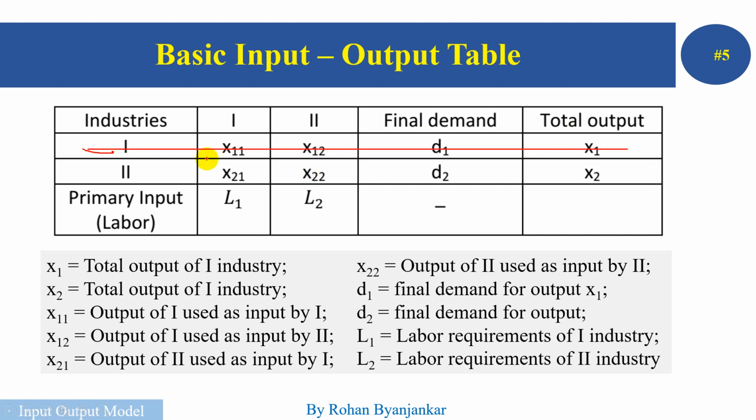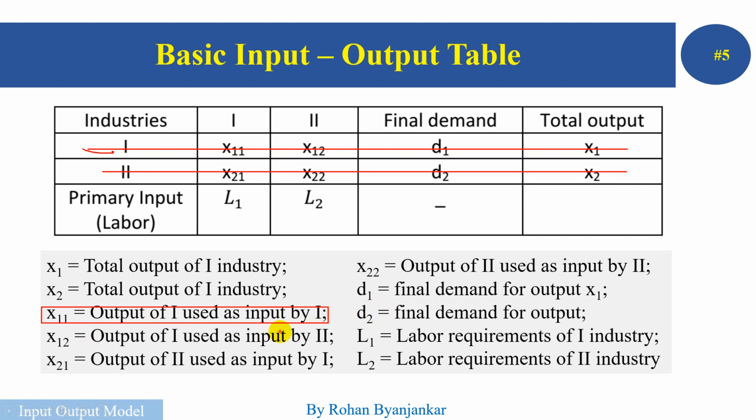This is the supply by industry 1, and when moving along this row for industry 2, this is the supply by industry 2. And let's see why it's supply. For this we shall move on to these descriptions.